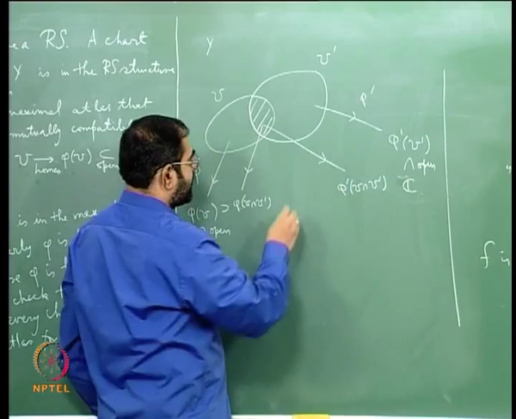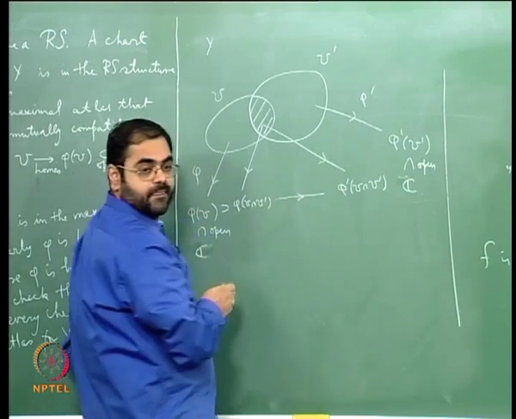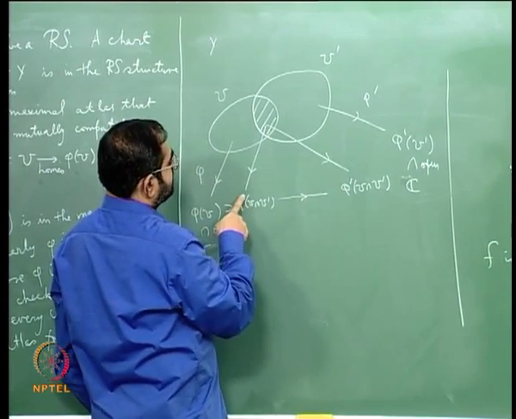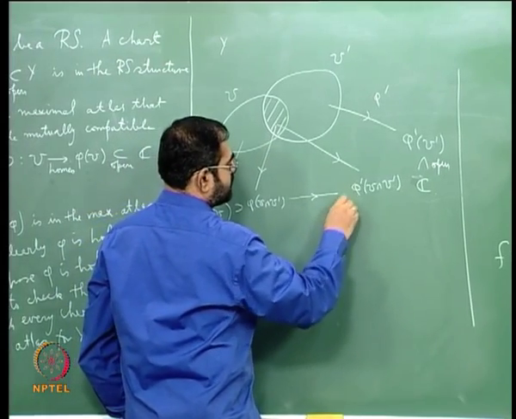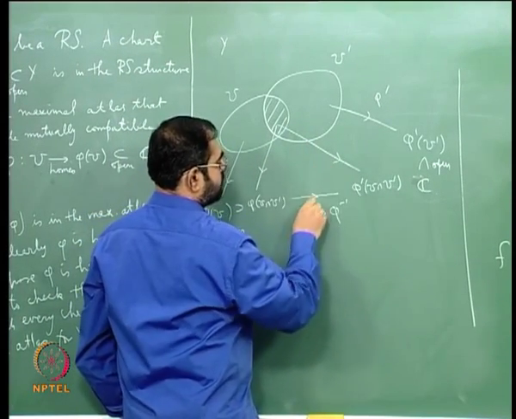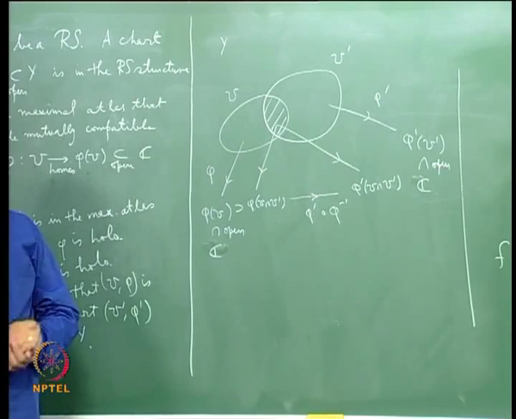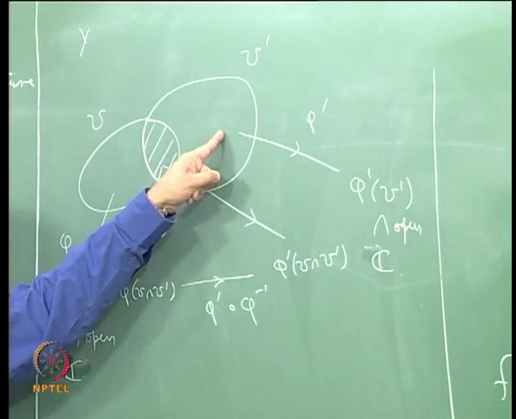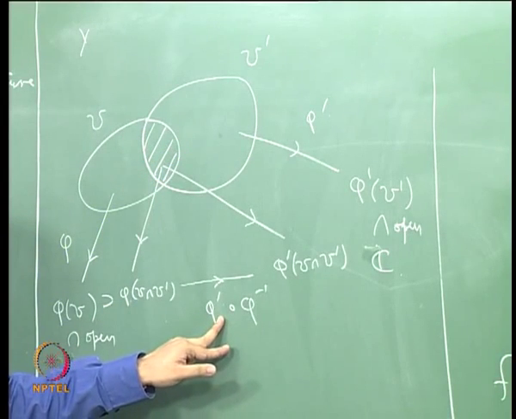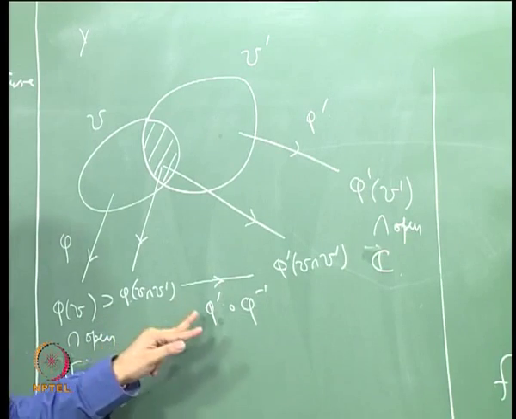It is just: apply phi inverse and then apply phi prime. This is my transition function. And when are these two charts compatible? When this is holomorphic. So that is what I have to check.